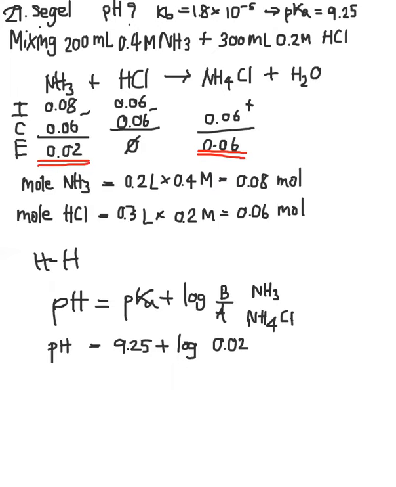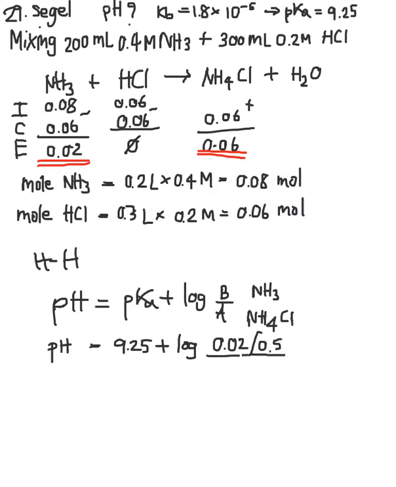We put the moles values in the table. But to calculate the concentration, you have to divide the moles by the volume. And the volume in this case is the final volume after mixing the two chemicals together, so it will be 0.5 liters.